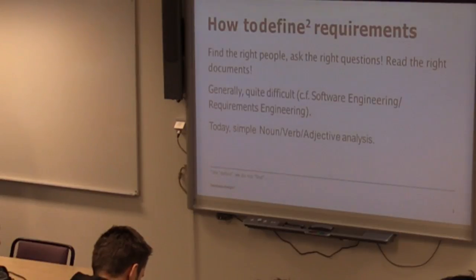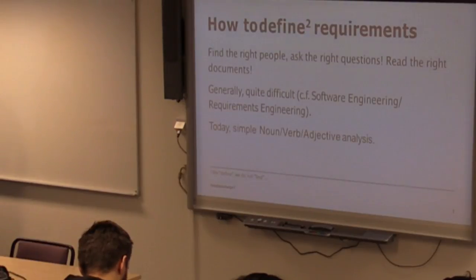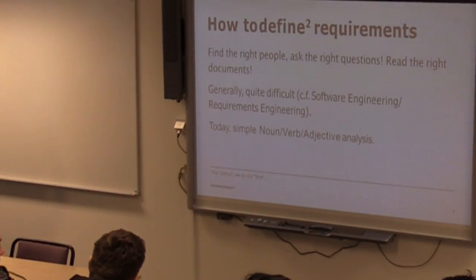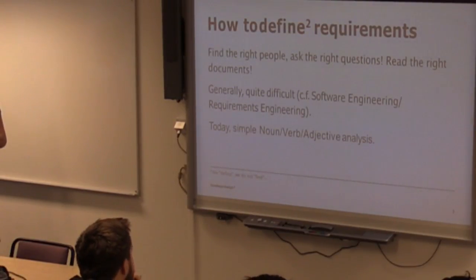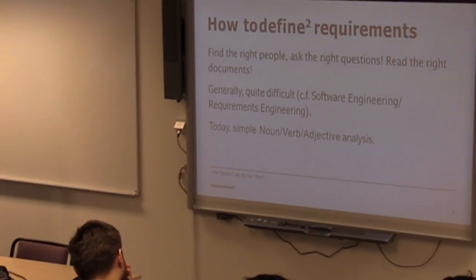And if you're lucky, you get some kind of story from your customer. From that story or that piece of paper, you write down those nouns or verbs or adjectives. And from that, you at least have a starting point for creating your first model of your database.